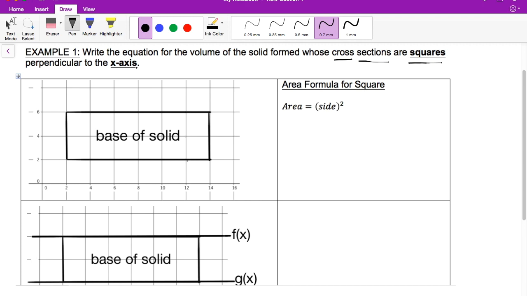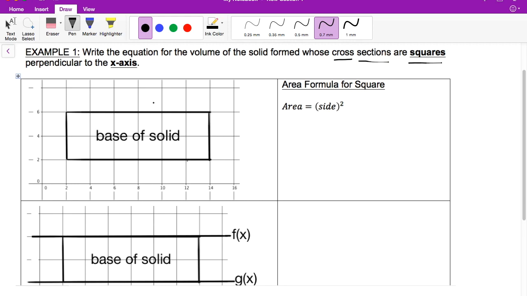And in all the examples we're doing, the cross sections are always going to be perpendicular to the x-axis, because most questions involve the x-axis. So the first thing I'm going to do for this problem is to help you visualize what this solid looks like. It's not 100% important that you know what the solid looks like, but I think it helps a lot.